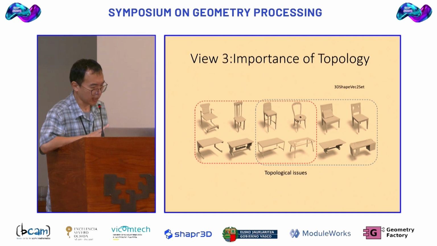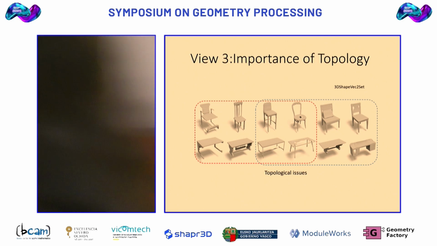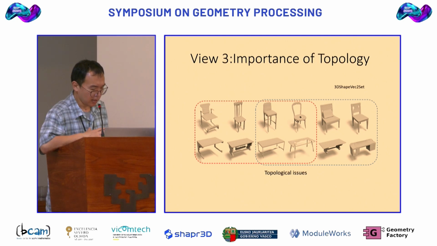Okay. Let me spend 5 minutes on this part. It's about topology, right? 5 minutes, okay, bear with me. So some of the issues are also topology issues, like holes and disconnected components, right?